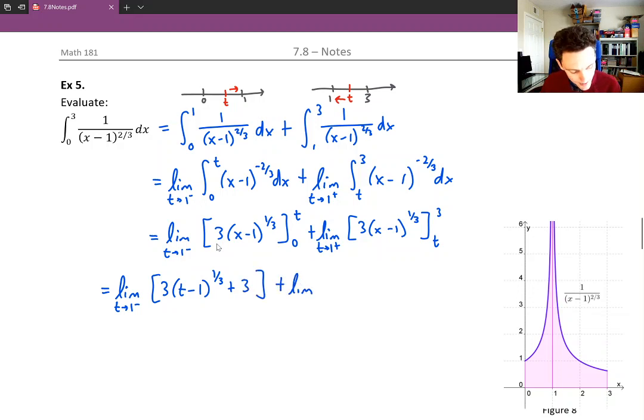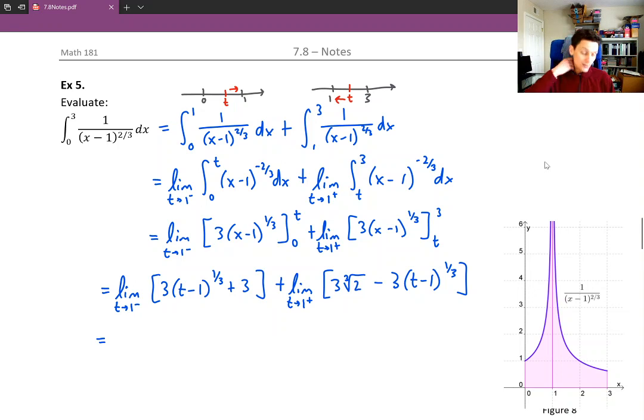Then we have plus the limit as t approaches 1 from the right of. Now when we plug in 3, we get 3 minus 1, which is 2, to the 1/3, which is just the cube root of 2, and then we have 3 times the cube root of 2. So 3 times the cube root of 2 minus 3 times t minus 1 to the 1/3. Now we can plug in the t value that we're approaching in each of these.